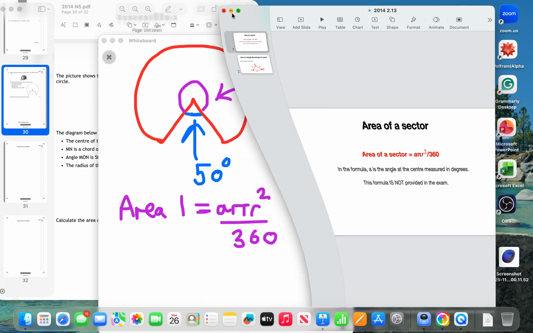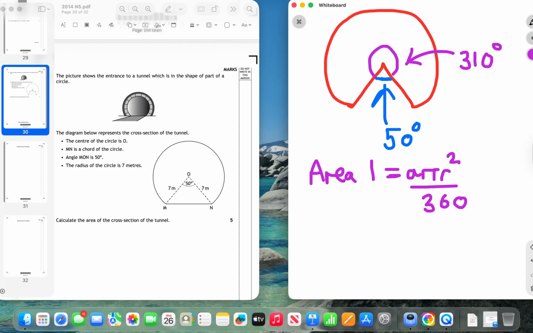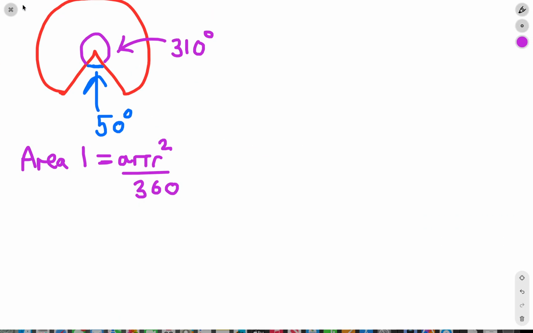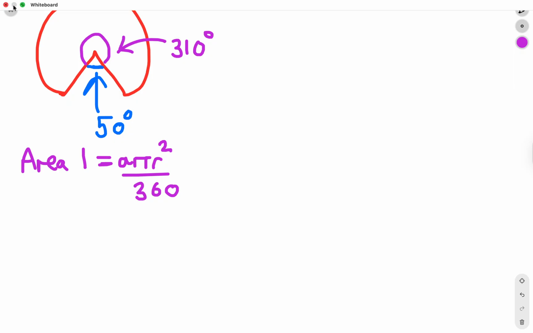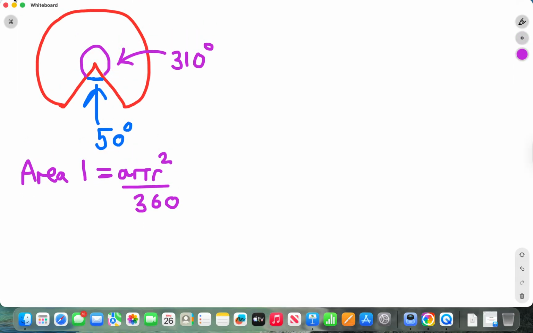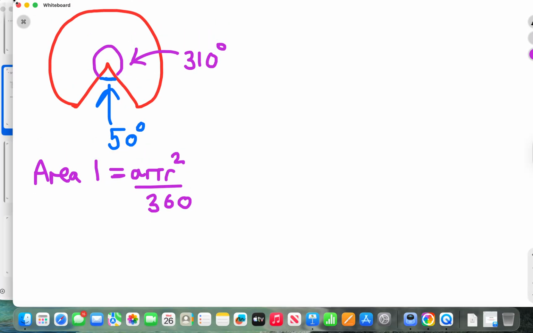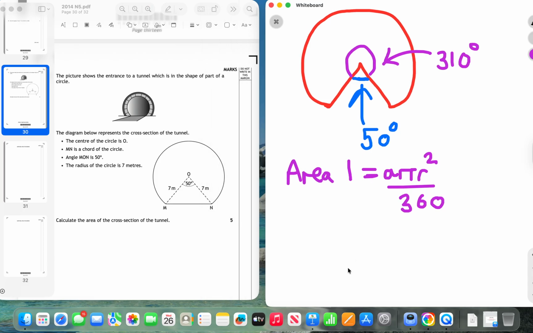So we can hide the slide with the formula. So we're going to put 310 times pi. It's a calculator exam, so we don't have to evaluate pi.